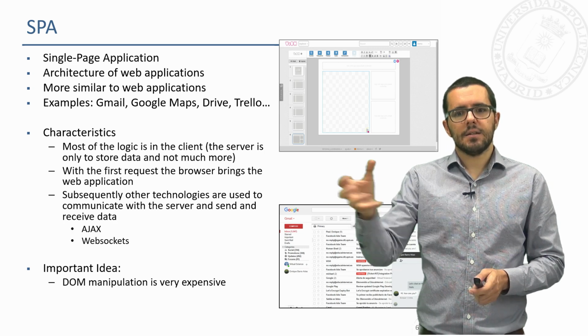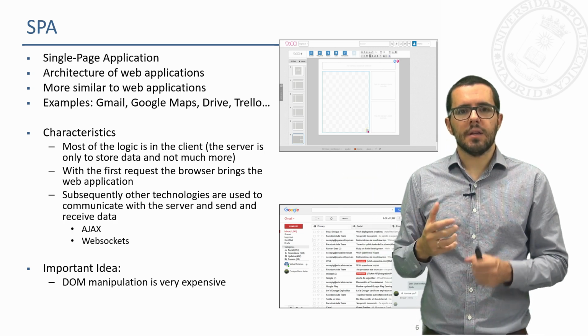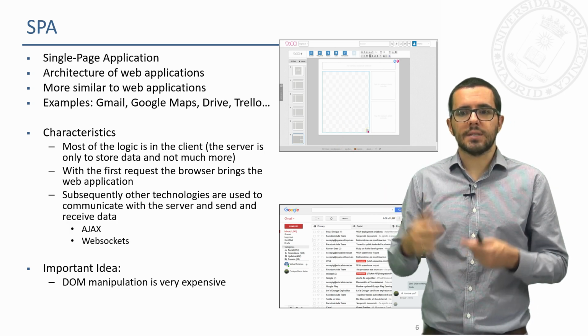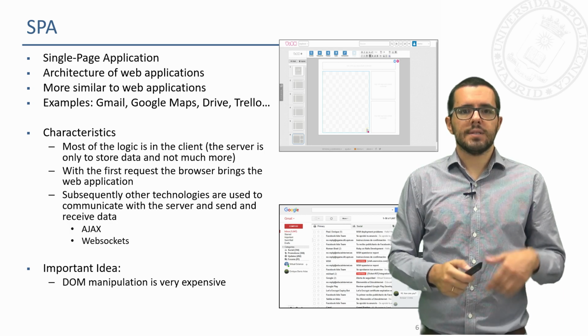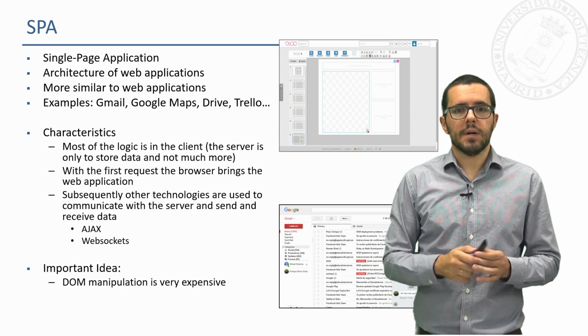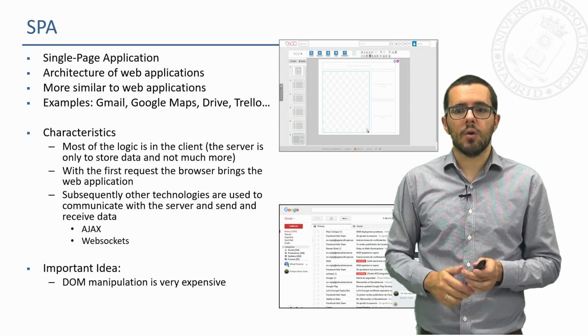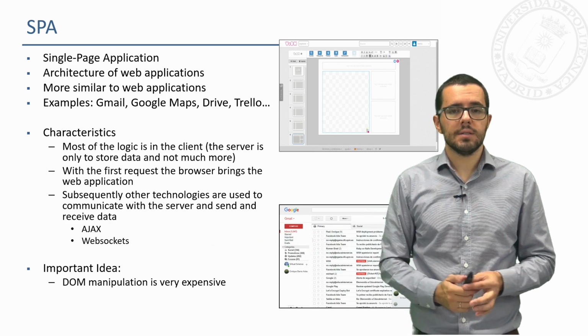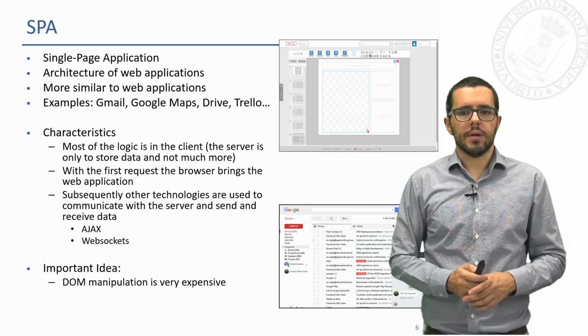The client gets the page, and in the page there is a lot of JavaScript and a lot of functionality, and you don't ask for another full page, but you just interchange data using other technologies such as Ajax, as we saw, or WebSockets, or any other.